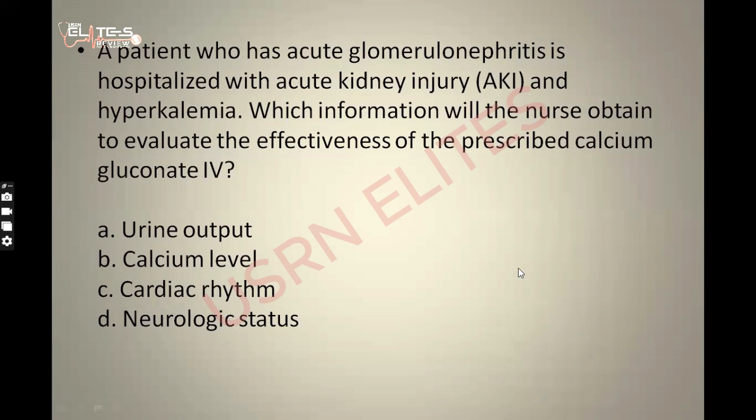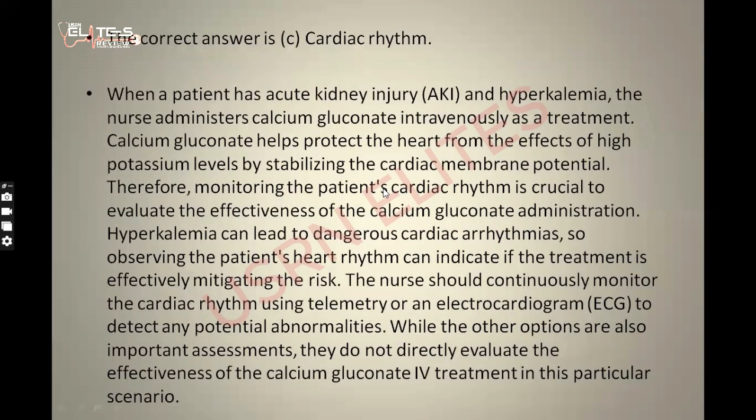I will go for A, urine output. And why? I'm looking at it that if the kidneys are having issues, there will be less urine output.